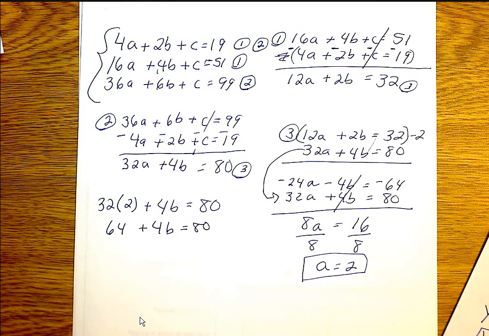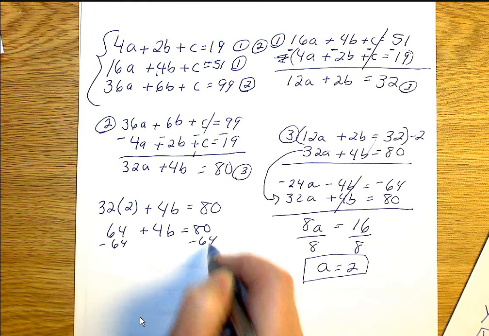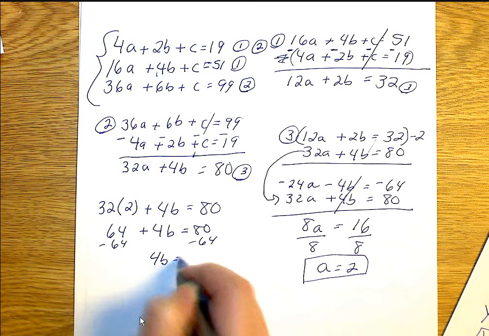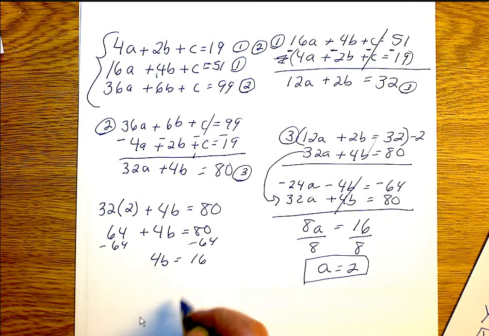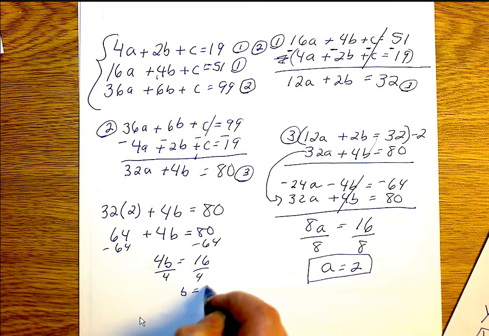Then what am I going to do? Subtract 64. 4b is equal to 16. Divide by 4. So b is 4.